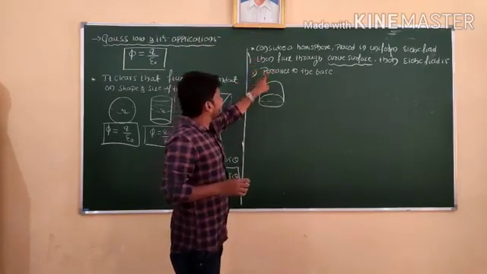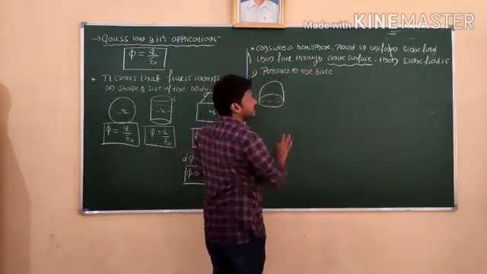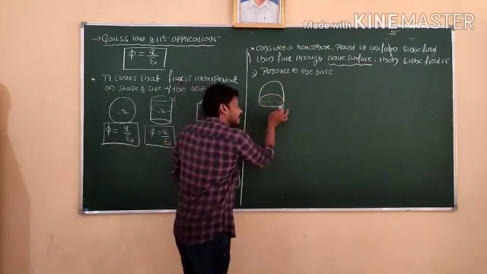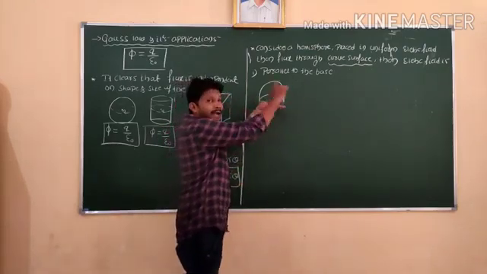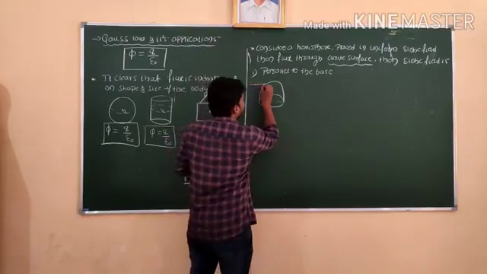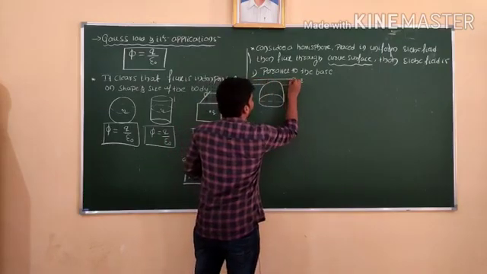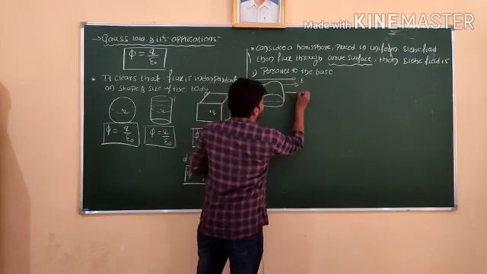In the first case I said electric field lines are parallel to the base. So which is the base here? This is the base. So electric field lines are parallel to the base, and this is the direction of the electric field lines.